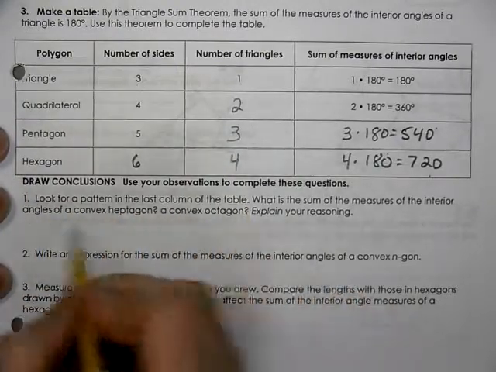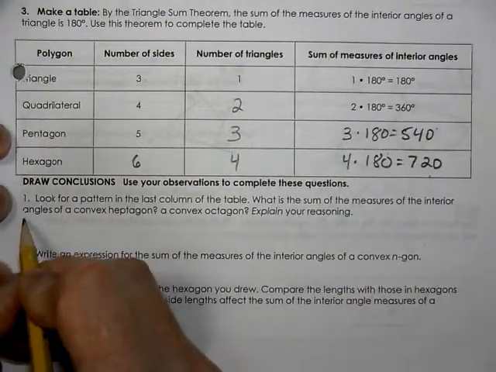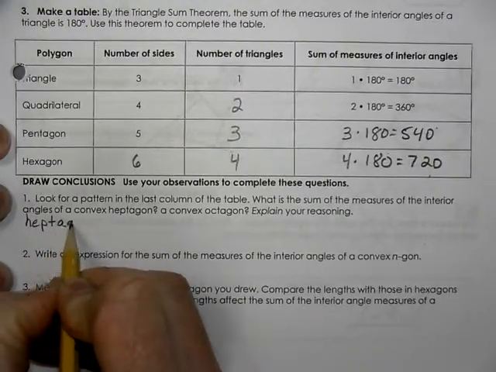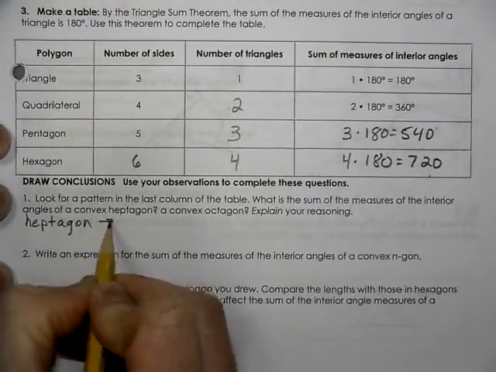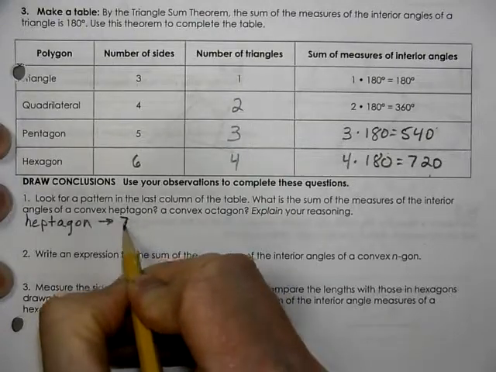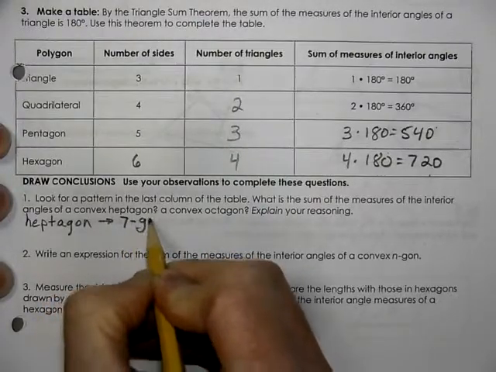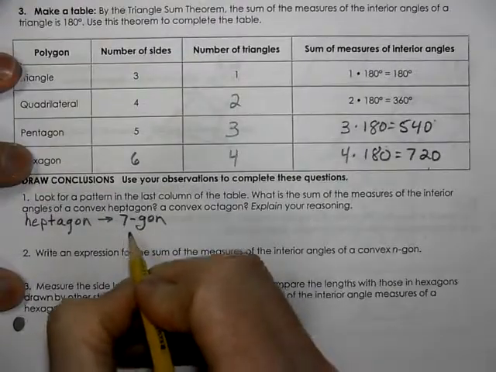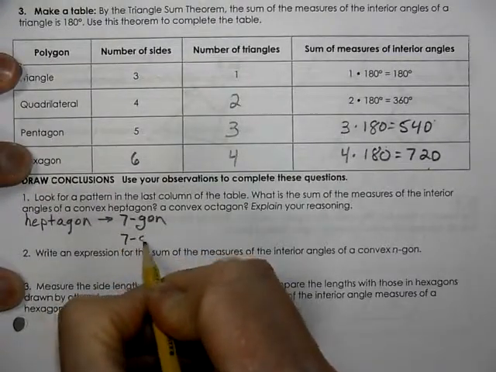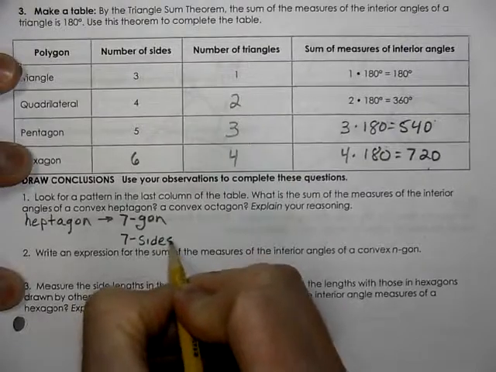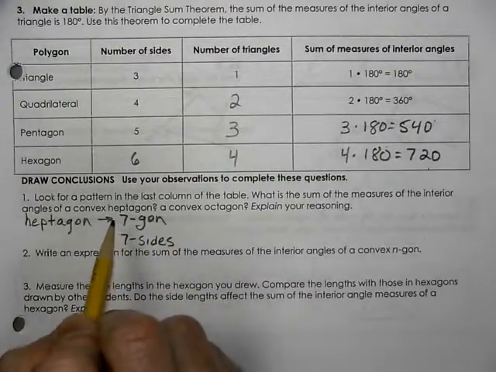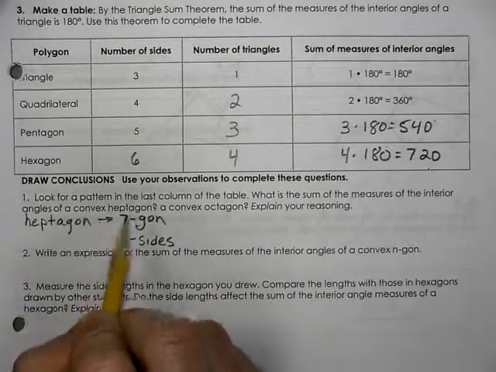So let's look at a heptagon. A heptagon is going to be considered a 7-gon, otherwise known as having 7 sides. Sometimes you'll have questions that talk about a 12-gon or a 28-gon.